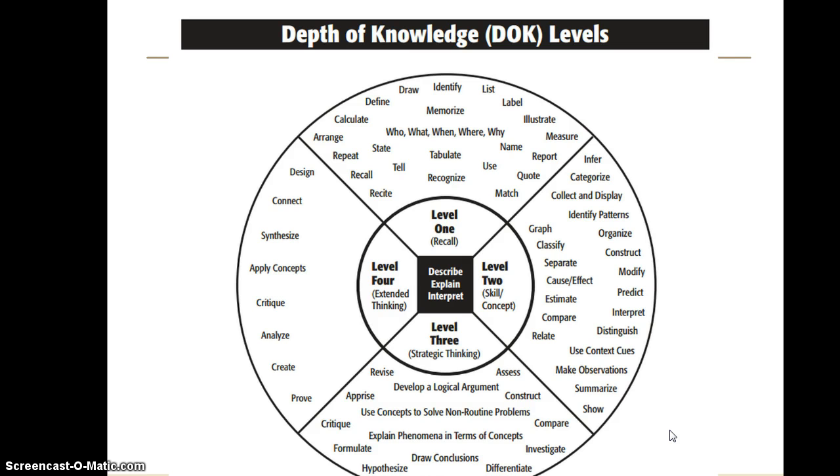It has been stated that about 83% of the eligible content for ELA standards is found in the DOK level 3, and that's in this area here, the strategic thinking level, and 73% of the eligible content rests in the level 2 for the skill and concept. So we want to really think about these two pieces of the pie graph here when we are looking at implementing the ELA literacy standards across all content levels.